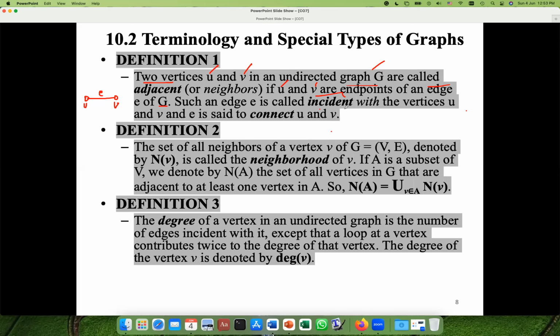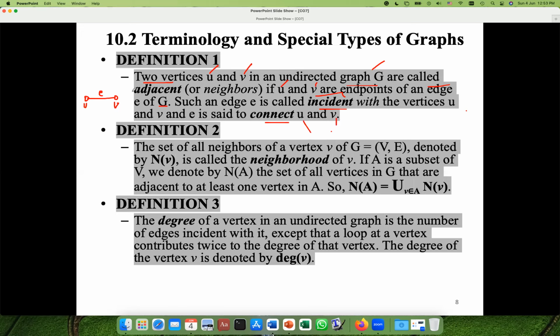So when you see this word, you don't have to worry. You have to take it as connection. You can also say simply E is said to connect U and V, whatever it is. So these are the different words. It has the same meaning.